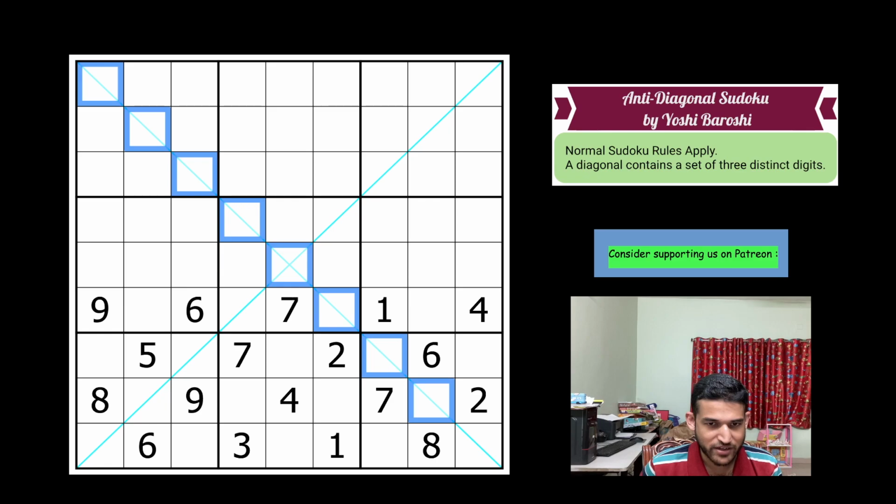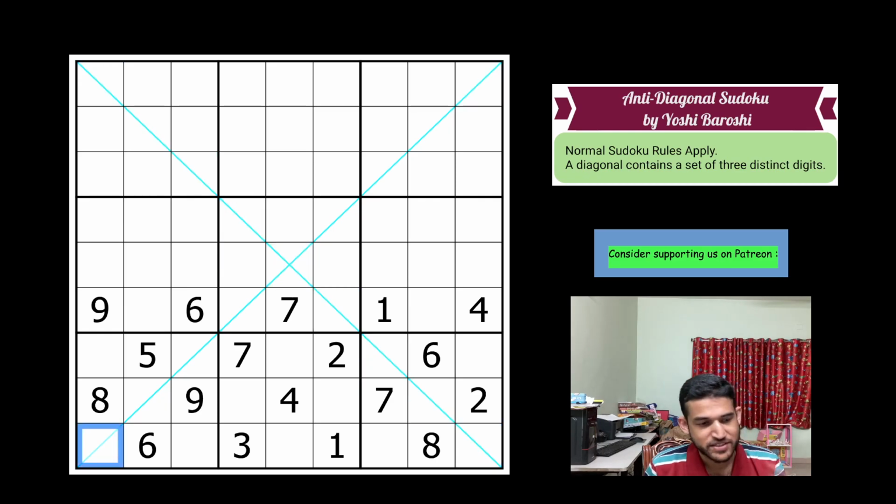The top left to bottom right and the top right to bottom left diagonals will have exactly 3 distinct digits. Each of these diagonals, the top left to bottom right and the top right to bottom left, will have exactly 3 distinct digits. So with that, we'll start the Sudoku.